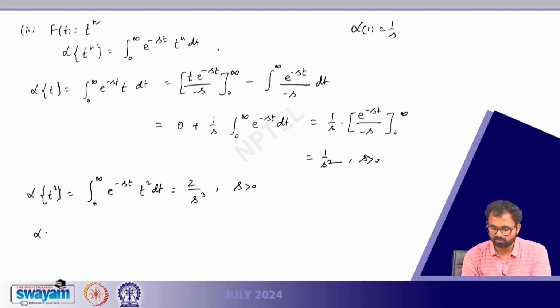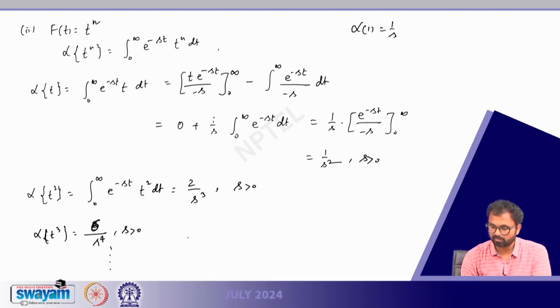For t cube, you will find it is 3 into 2, that means 6 by s to the power 4, where s is positive.